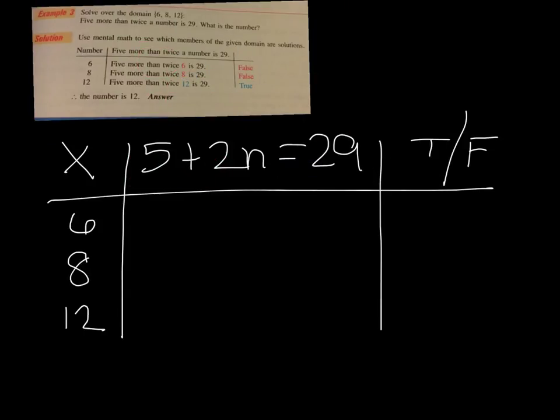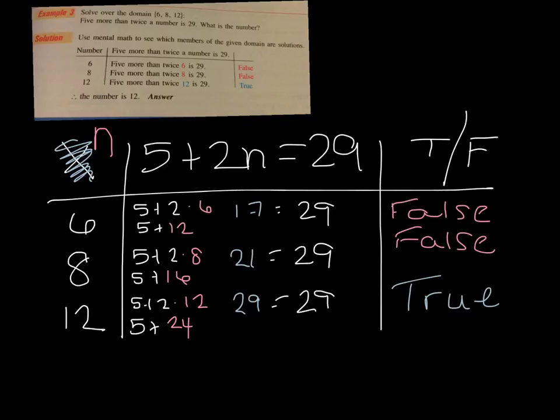So now what you see I've done is I've taken the table and transposed it. Instead of number, I'm calling this column n. And then I've rewritten the sentence into an equation, and then I've labeled the true-false column.